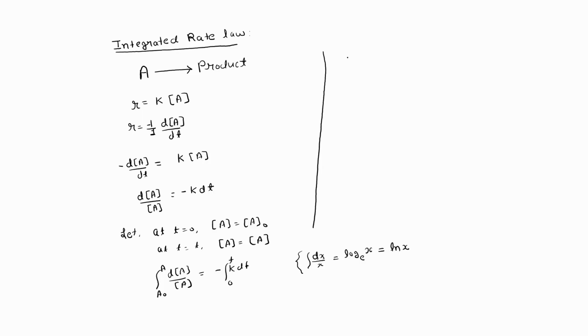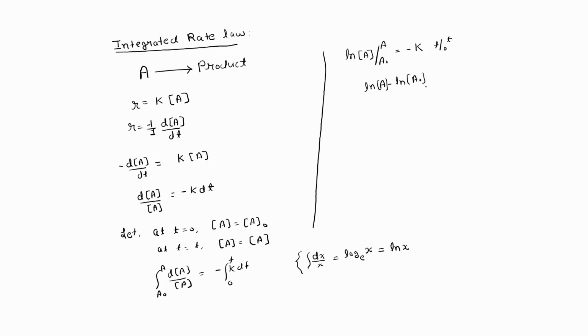Then we have ln A, which goes from A naught to A, equal to minus K, which is constant. It does not depend on time, so K will be outside the integration. Integration of dt is T from 0 to T. So we will write ln A minus ln A naught.